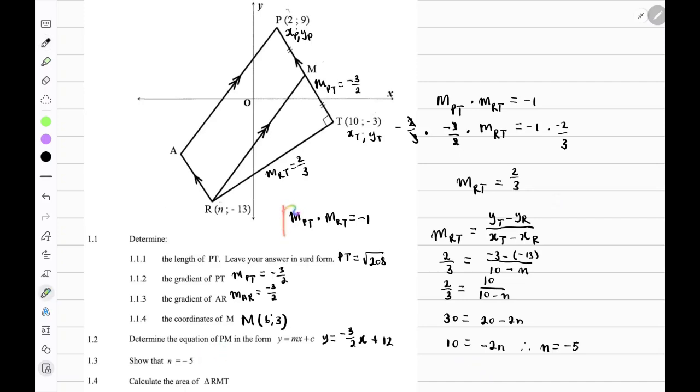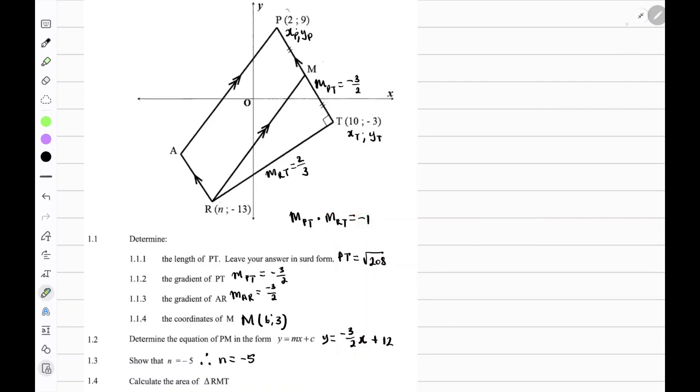So I want us to just remember this important formula. Products of the gradients of perpendicular lines is equal to negative 1. And the last question says calculate the area of triangle RMT. So RMT is this triangle. They want us to calculate the area.